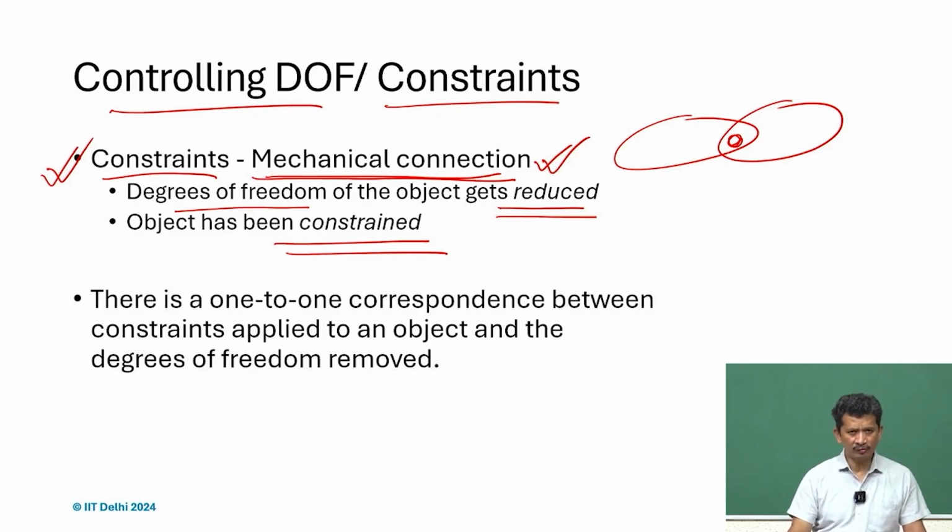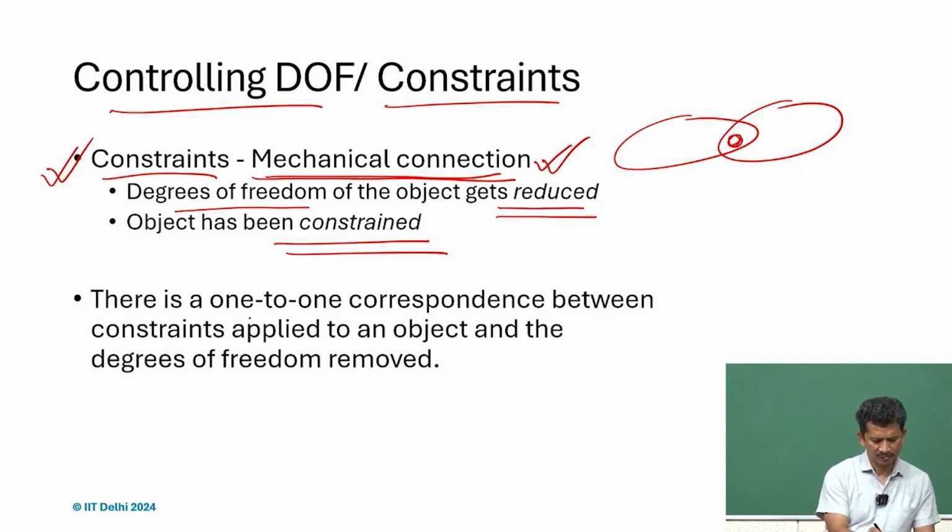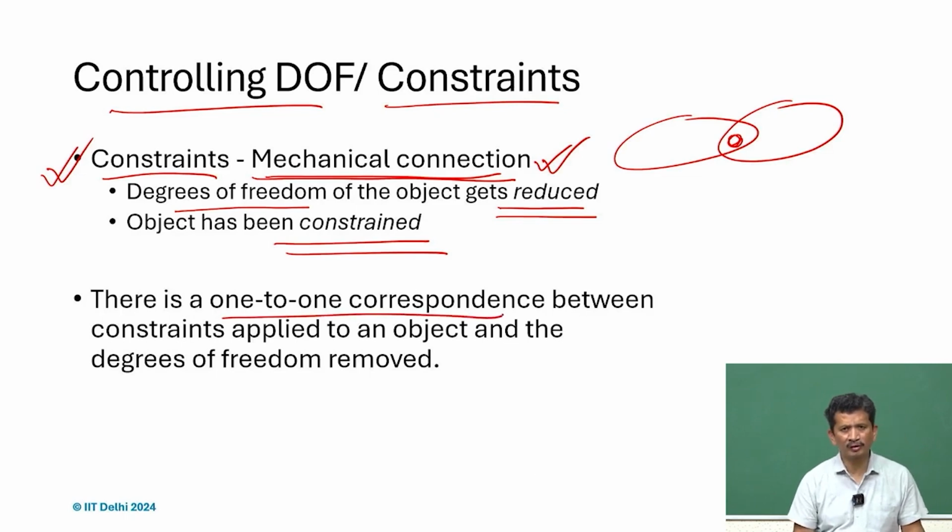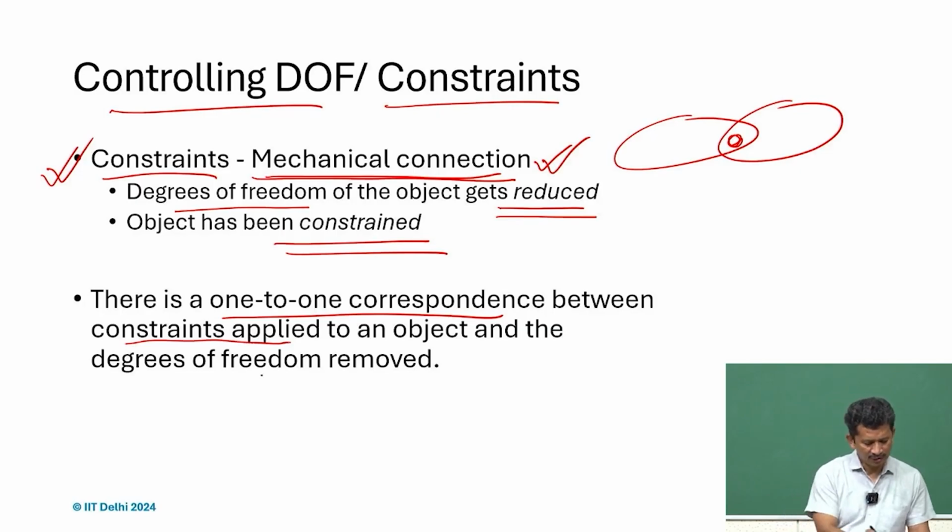What we also have to understand is that the moment we have any kind of constraint or mechanical connection between two objects, there is always a one-to-one correspondence between the constraints applied to that object and the degrees of freedom removed.